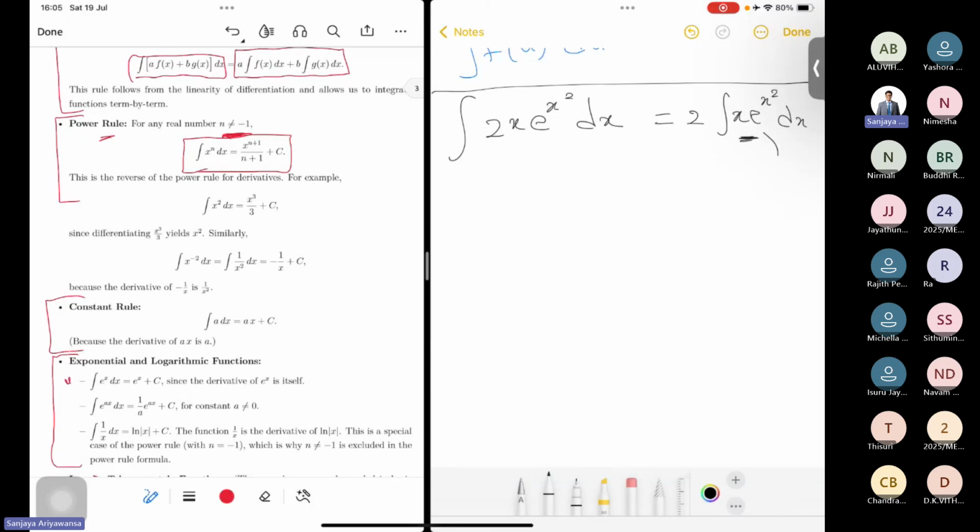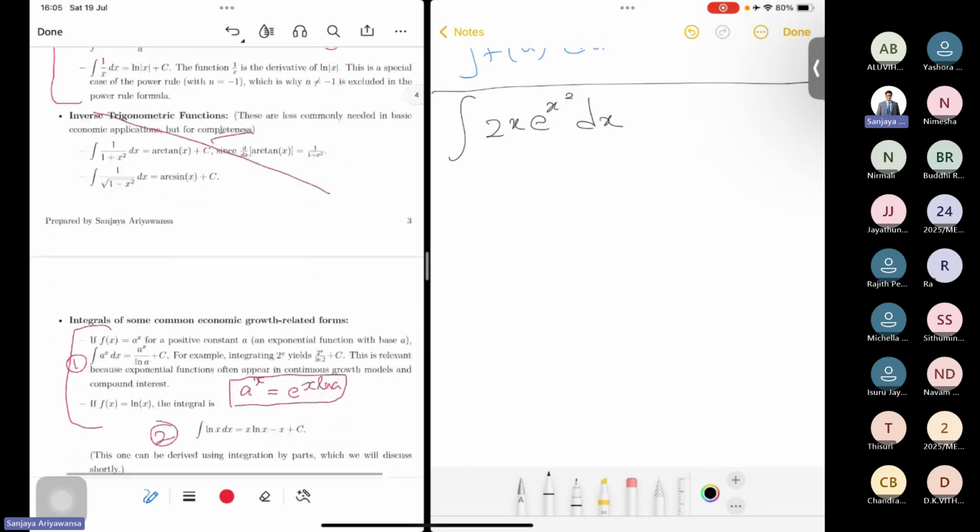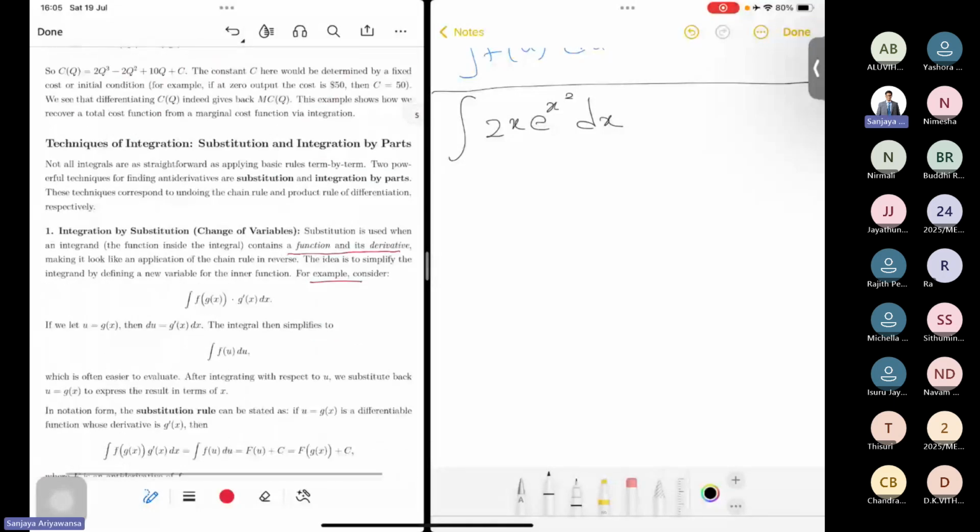Yeah, there's an exponential here, but then it's multiplied with x. So what we learned here is only e to the power x. We didn't have anything else. So nothing seems to work in terms of the rules that we had. Hence why we have this integration technique by using substitutions.